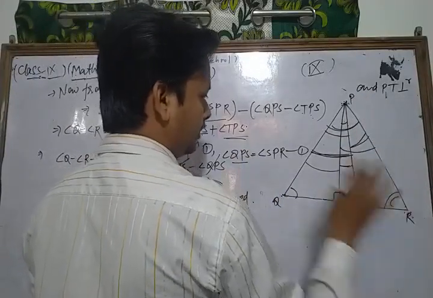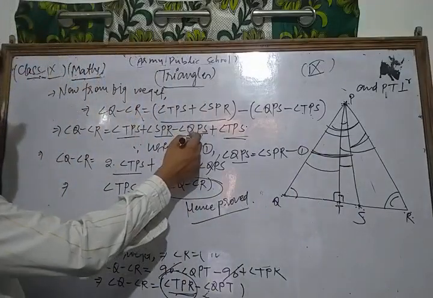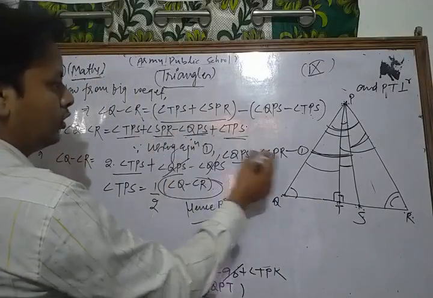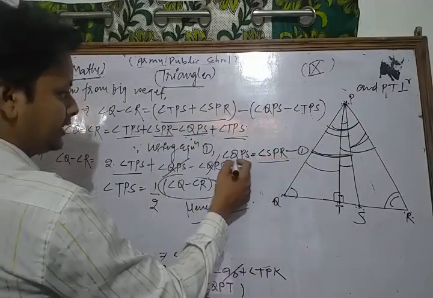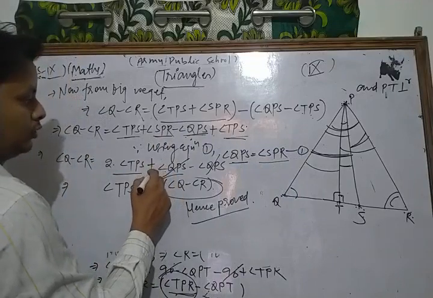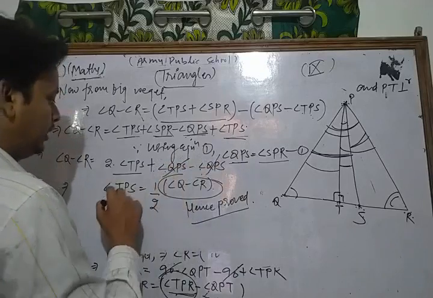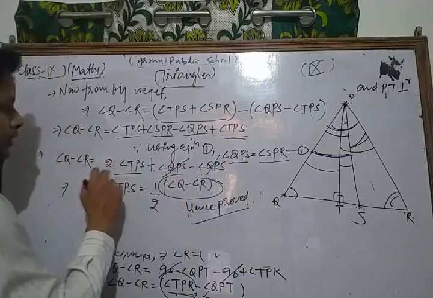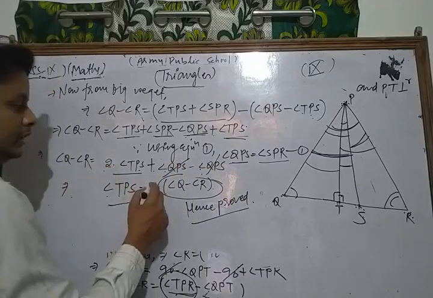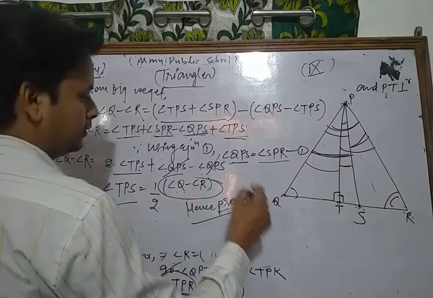Now look at this point here, this is angle QPR, this is angle SPR. Now we put angle SPR as angle QPS, plus angle QPS minus angle QPS is cancelled, and we get 2 times angle TPS on that side, so angle TPS is equal to, transfer that side, 1/2 of angle Q minus angle R, hence.